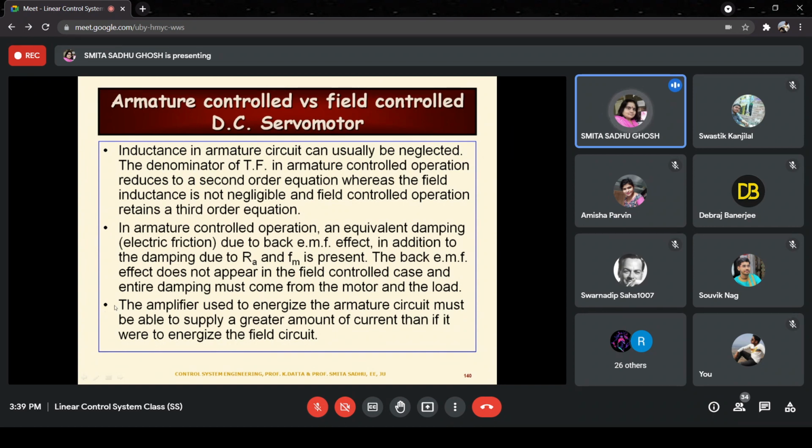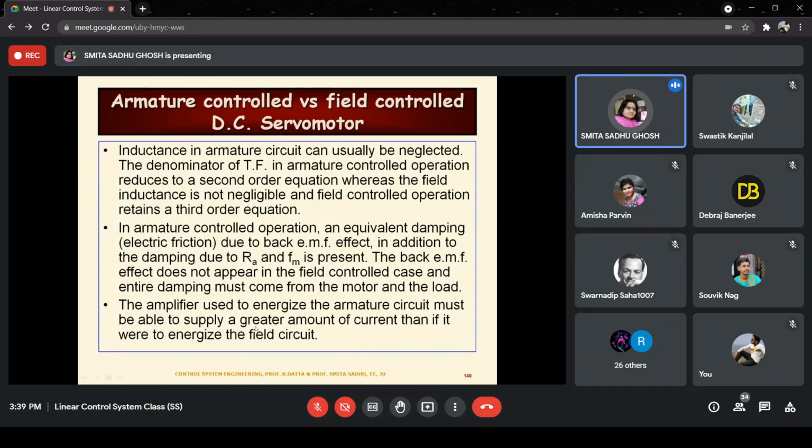The third and the last one is that in the armature controlled DC servo motor, the armature voltage is being applied, and typically the armature circuit should be able to supply a greater amount of current. That is, Ia is typically going to be large, and the armature circuit should be able to supply that, rather than in the case of a field controlled DC servo motor where the field has to be excited, field current typically being much less.